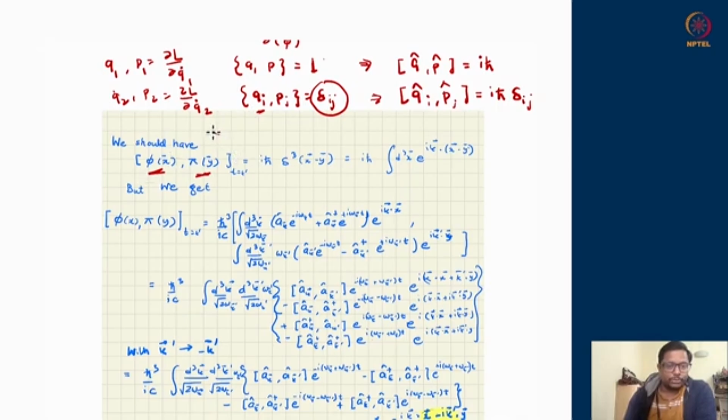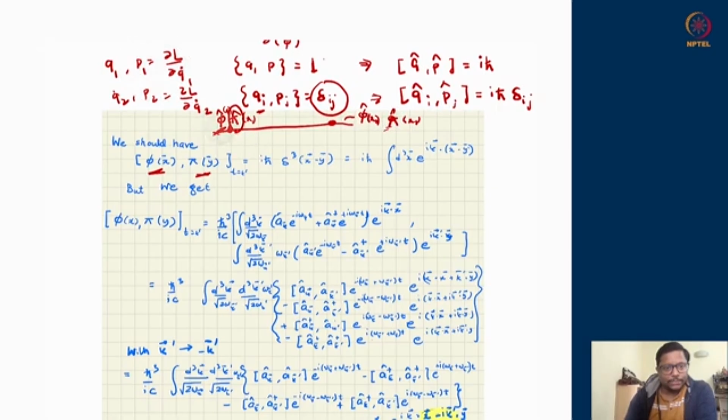If this is a position slice, then there are some operators phi here and pi here, and similarly phi there and pi there. So this will be a function of x2 and this will be a function of x1. Therefore this phi should know that its Poisson bracket with respect to this position should be non-zero, and with respect to some other position it should be 0, and vice versa.